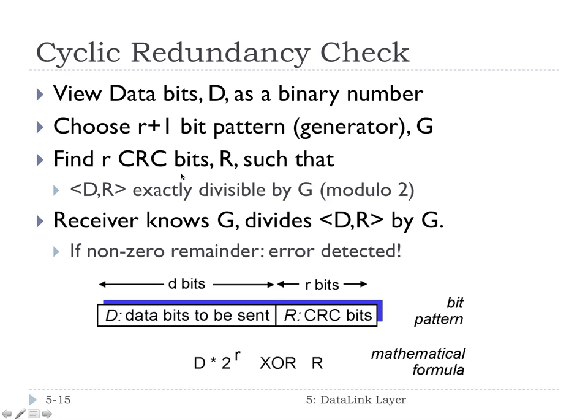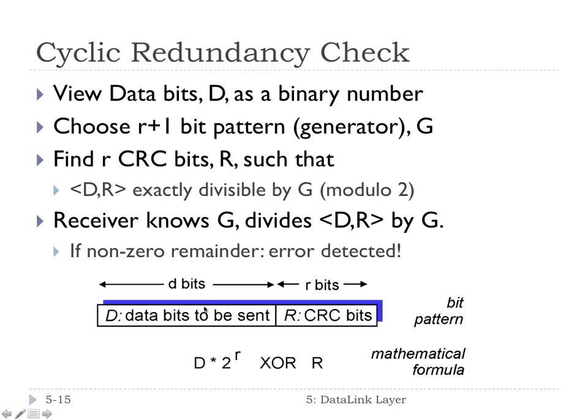What we're going to do next is find an R-bit cyclic redundancy check. So it's a series of zeros and ones that we're going to call R. And that R is called R because it's the remainder.